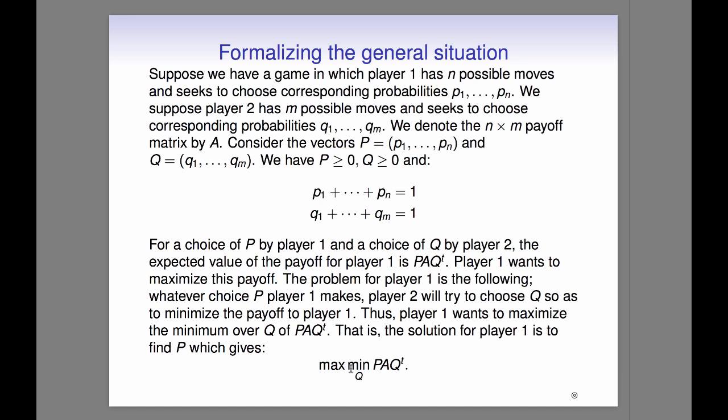So if player 2 plays intelligently, they will minimize PAQ transpose by varying Q. And then player 1 wants to maximize the minimum by varying P. This is called a maxi-min problem, and it's a famous problem in mathematics. A maxi-min problem. You want to maximize the minimum of a certain expression.